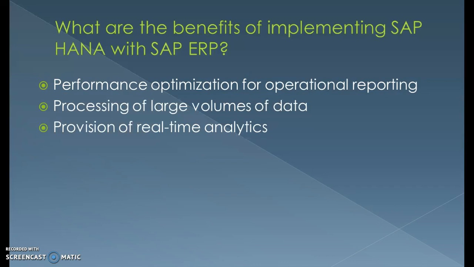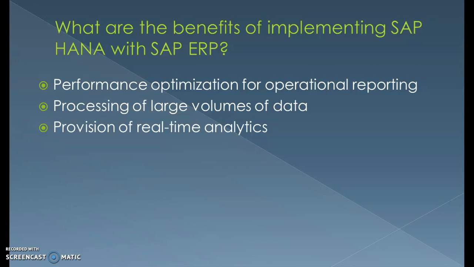So this is something out of data provisioning. It's performance optimization for operational reporting, performance on large volumes of data, and provision of real-time analytics. As I was discussing in the earlier sessions, we basically have two different types of systems, the real-time OLTP system and the OLAP system.